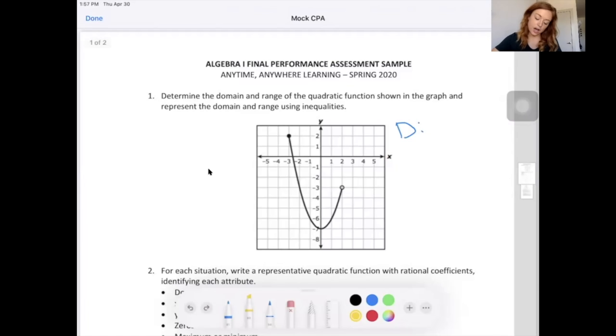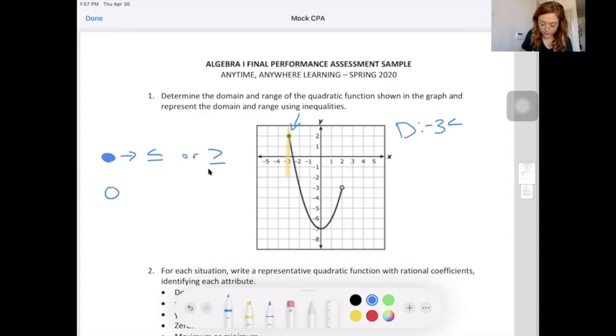We see how far left it goes: to -3. So I'm going to write that, -3. And when it has endpoints, we told you guys it was going to be less than signs. And if it's a closed circle, remember closed circles are going to have the or equal to line.